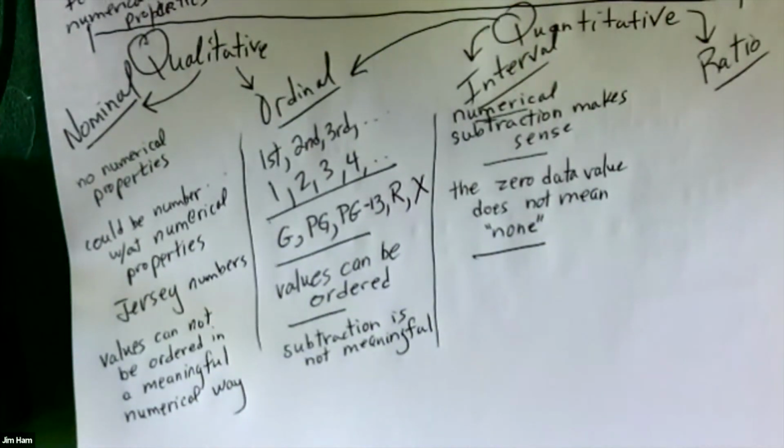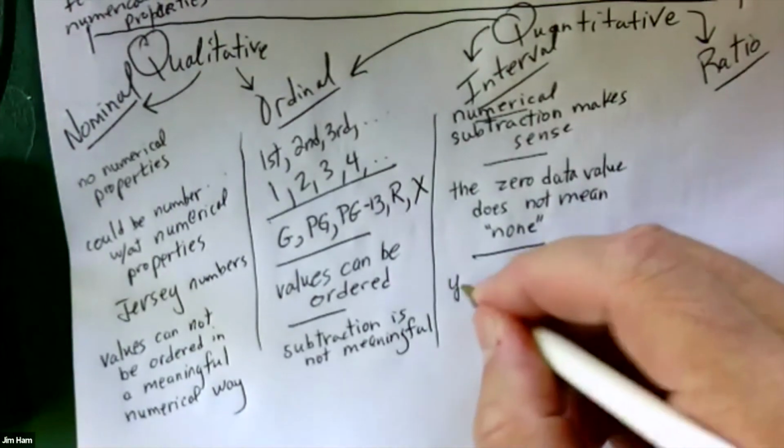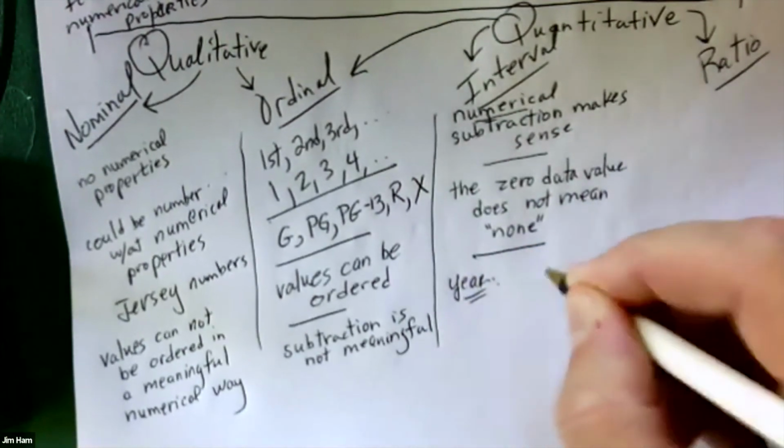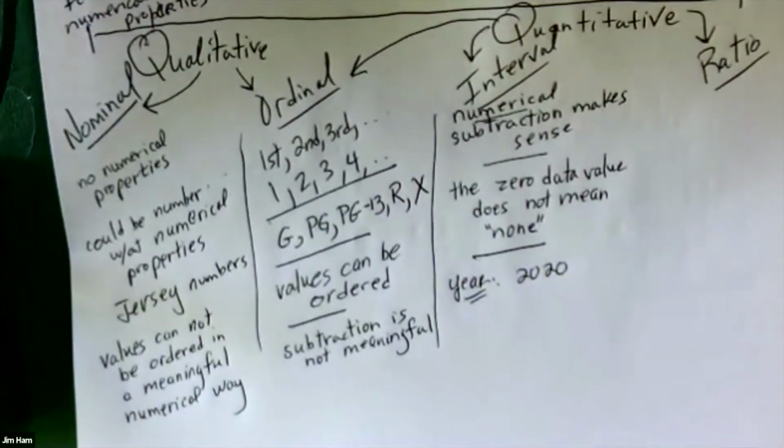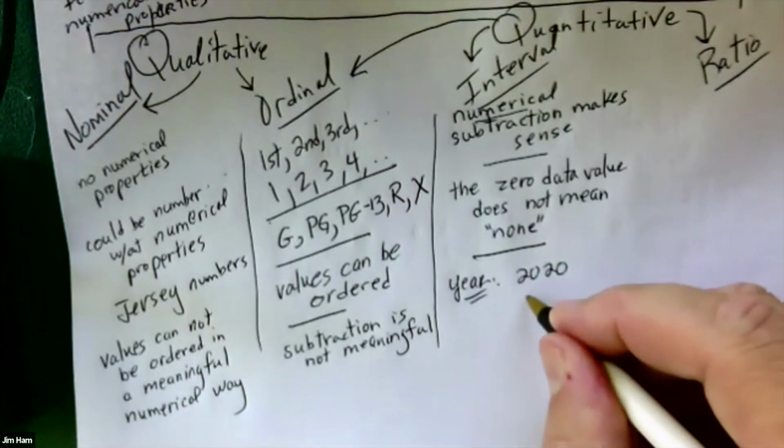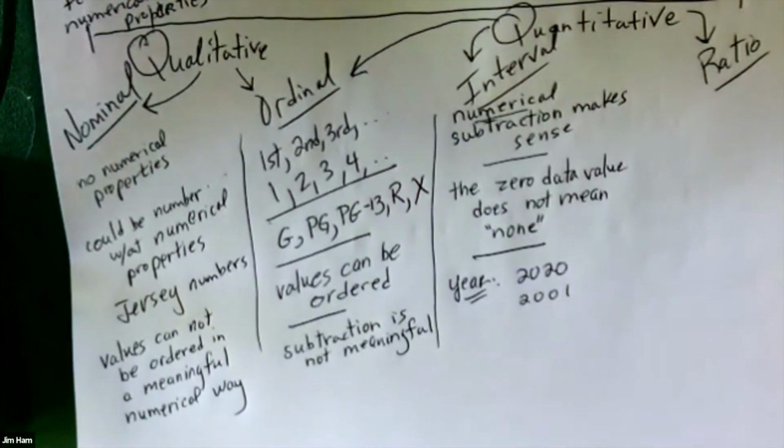Two of the examples that we use here, where subtraction makes sense but the zero data value does not mean none, is with the year. The year today is 2020. 19 years ago, the year was 2001.